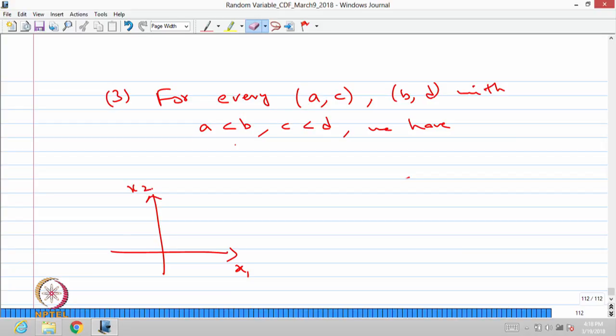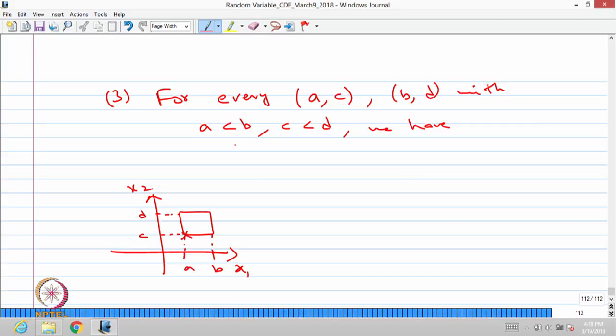That is easy. So I can take a small box in which this is A and this is B, and this is C and this is D. Correct?